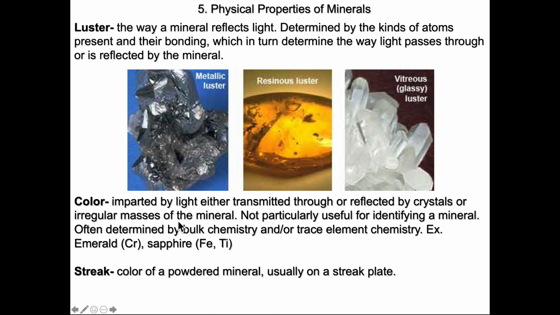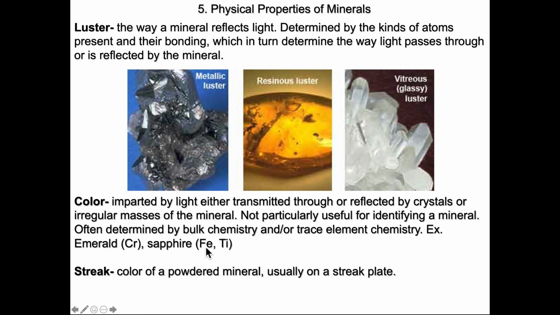Okay, color is a tough one. Color is imparted by light, either transmitted through or reflected by crystals or irregular masses of the mineral. It's not particularly useful for identifying a mineral. Calcite, for example, can be any color you can imagine, and it can exhibit 300 or more crystal forms.